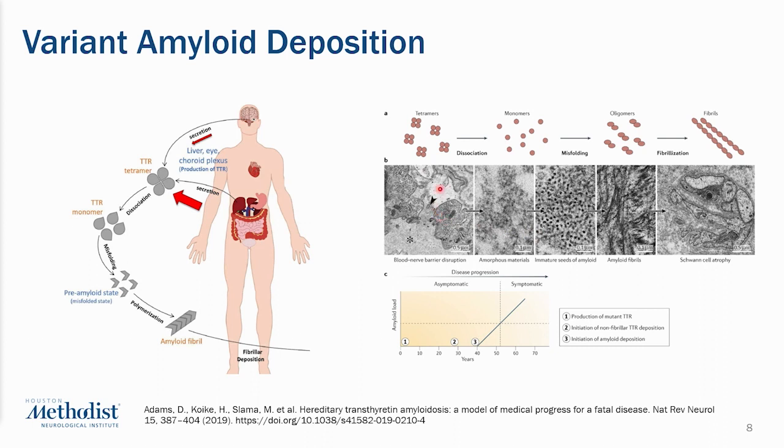This first picture shows increased blood-nerve permeability, which results in deposition of this amorphous TTR electron-dense substance in the endoneurium, which eventually leads to formation of amyloid seeds in the form of these dotty structures, which eventually aggregate to form amyloid fibrils and get deposited in the peripheral nerves. These amyloid deposits can also lead to adjacent Schwann cell atrophy.